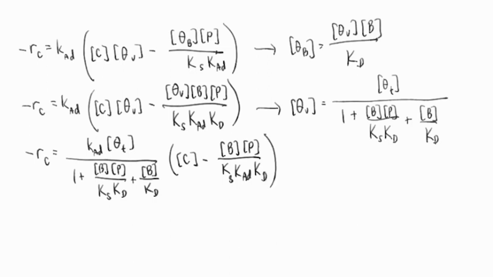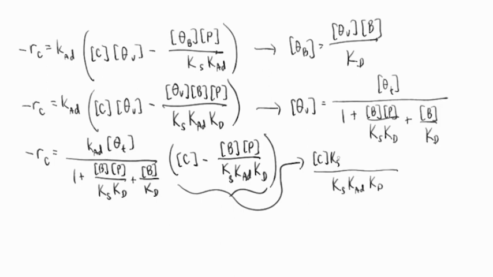And from here, it's just a matter of simplifying these expressions. We can start simplifying inside the parentheses, wherein this expression could simply be equal to a common denominator of capital Ks, capital K adsorption, and capital K desorption multiplied by concentration of C times Ks, K adsorption, and K desorption minus concentration of benzene and concentration of propylene.